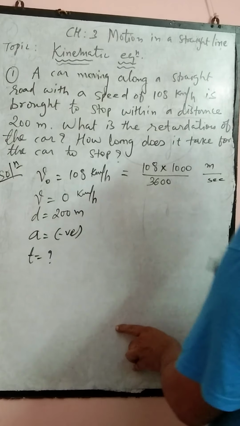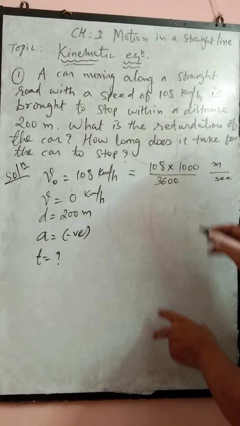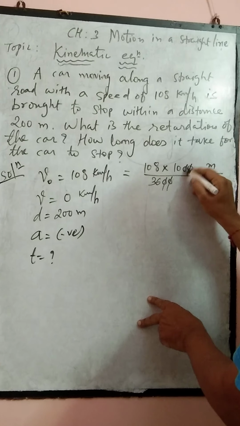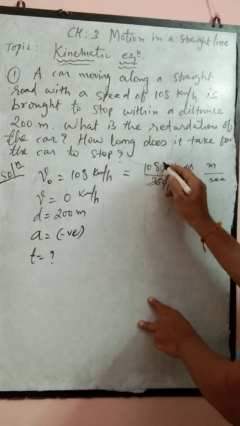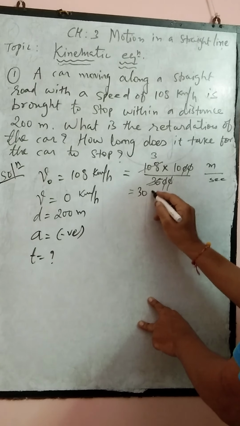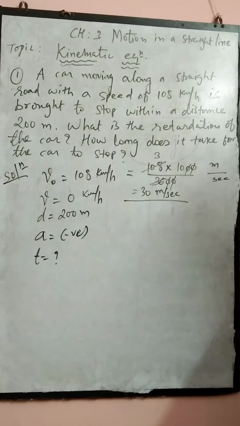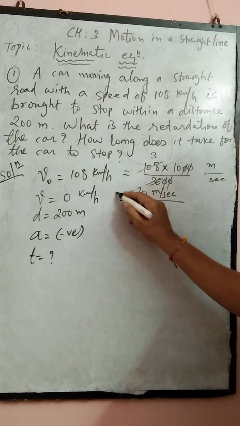So you can convert V0, 108 times 1000 over 3600. The 0s get cancelled out, 36 3s are 108, so 3 into 10, that is equal to 30 meter per second. Very nice. So we are getting V naught 30 meter per second.